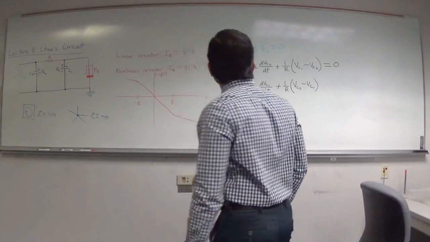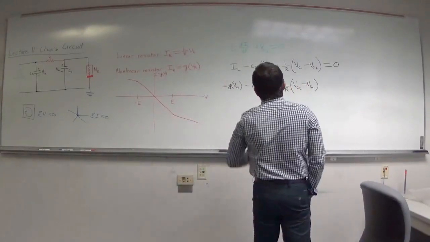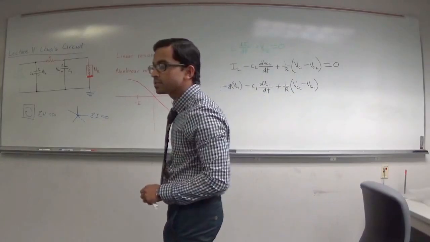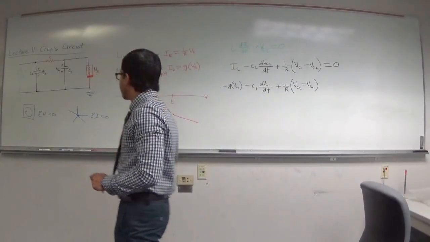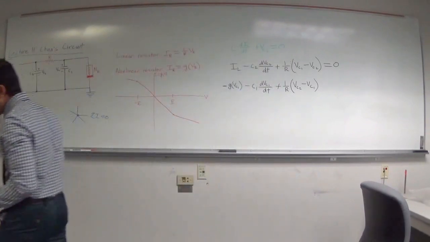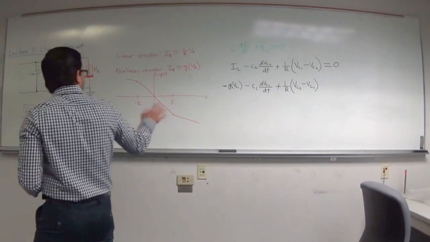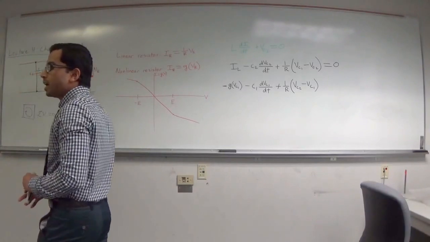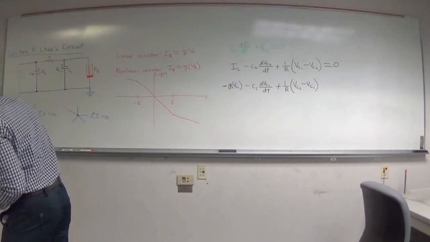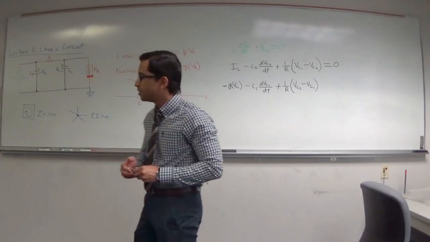So it's not too complicated. And it looks like it can give us chaos because it's three-dimensional, there's a nonlinear element, so it seems like it can give us chaos. And if you actually go ahead and plot this, you can see that it looks chaotic. Now, to prove it, there are a few different ways.